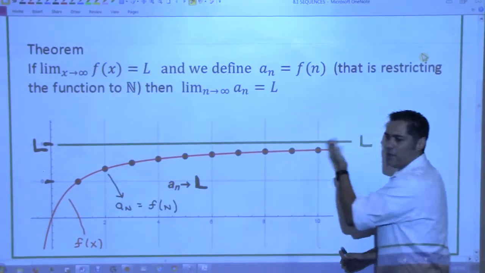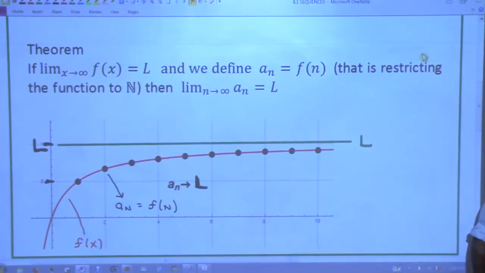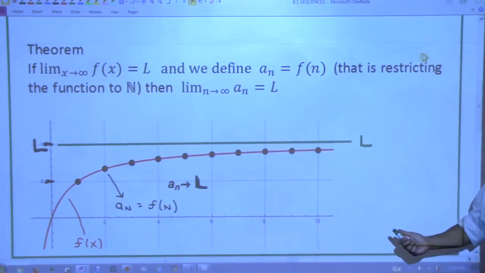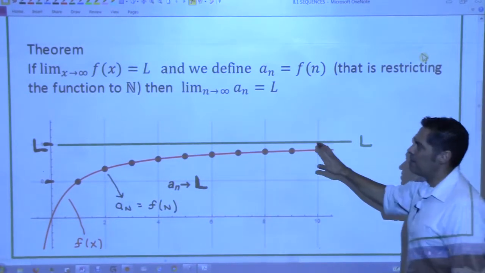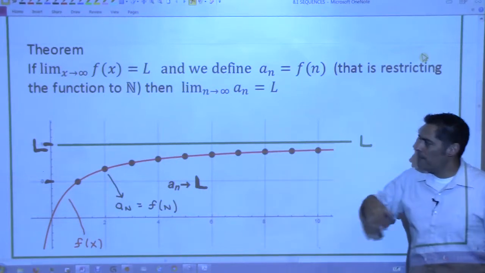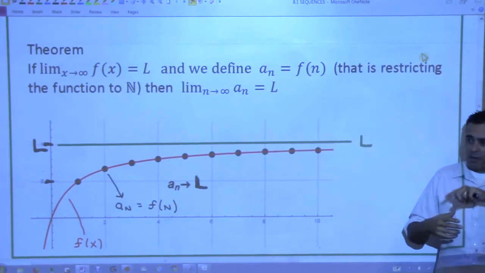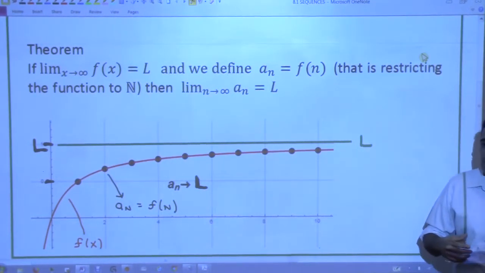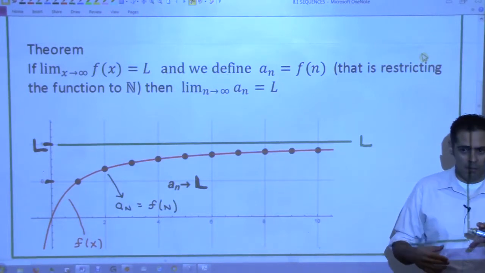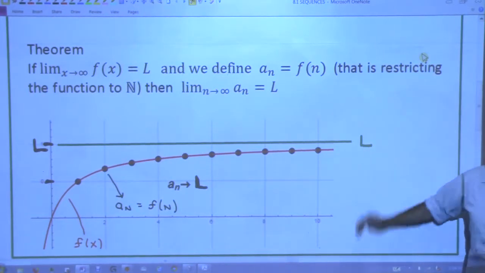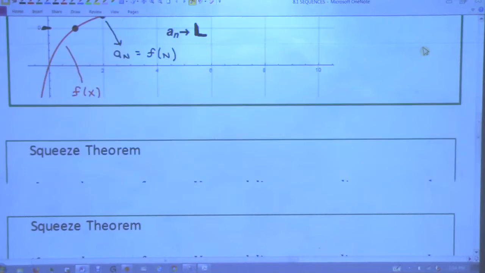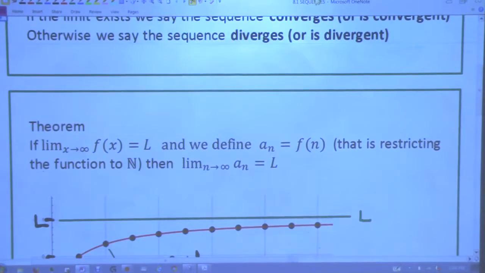So wherever the red curve goes, our dots have to go. Do you agree with that? That is how we're going to get around doing problems where it's hard to figure out what the sequence is doing. We're actually going to be able to use L'Hopital's rule because of this. So let's actually do one.